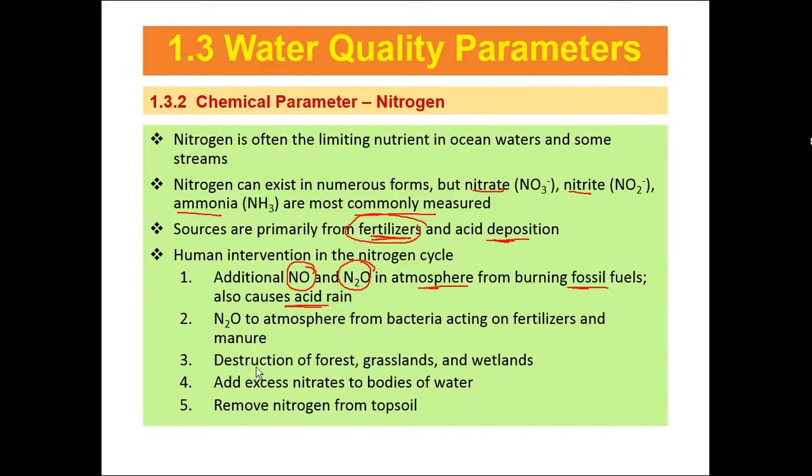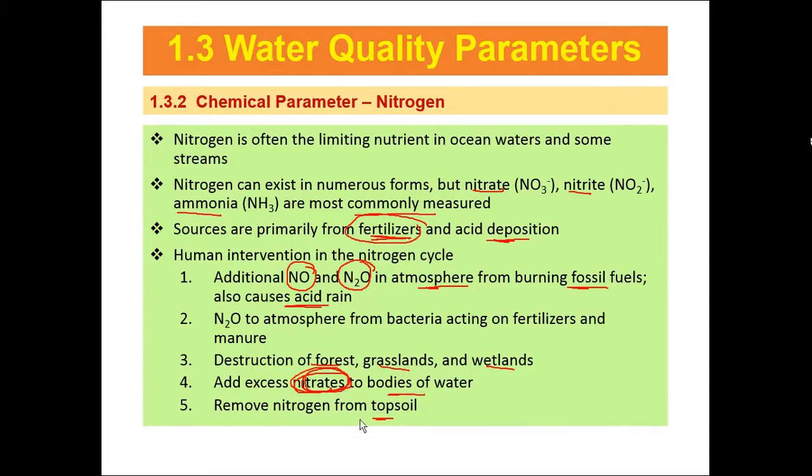Also, nitrogen is released to the atmosphere from bacteria acting on fertilizer, and from destruction of forest, grassland and wetland. So there are no more trees to absorb these nitrogen gases, and there is excess nitrate going into bodies of water. The excess nitrate may come from plantations or households and so on.